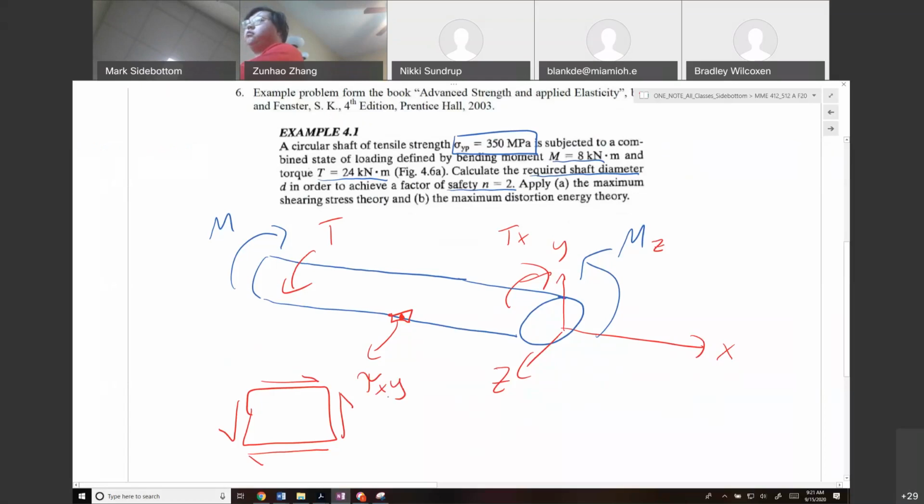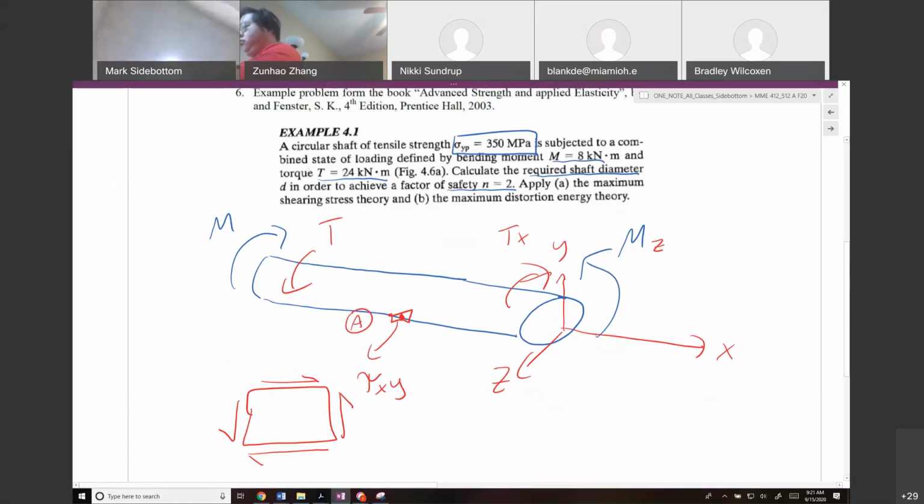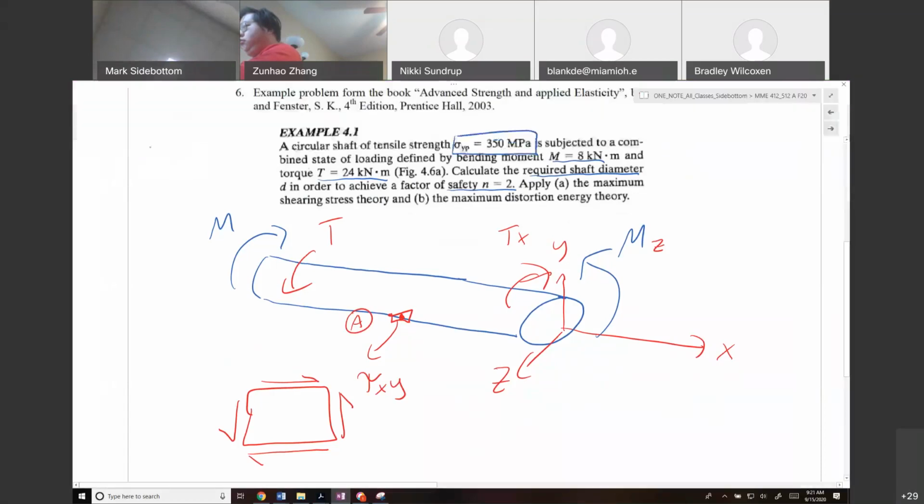And then the bending moment is going to create a normal stress along the axis.